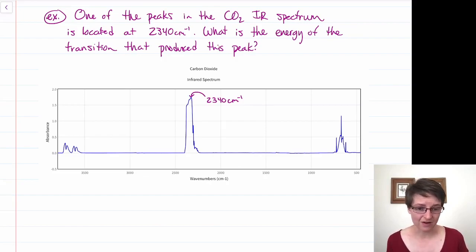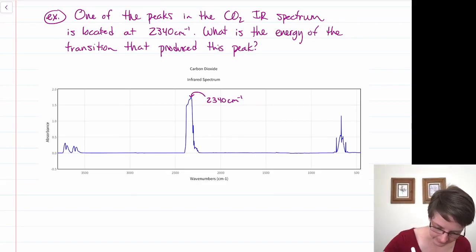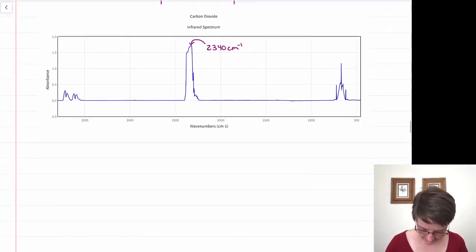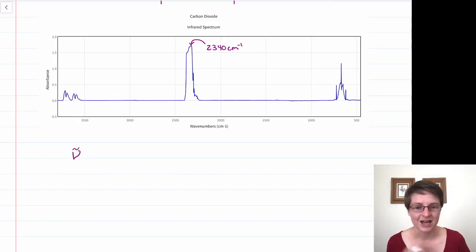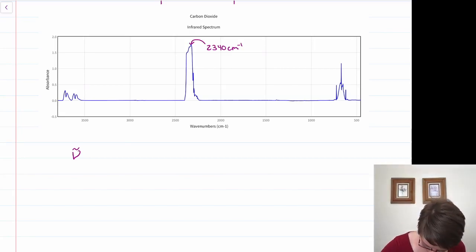And does that fall into the sort of 10 to the negative 20th joules that we would expect for a photon energy, given that we expect this to be a vibrational transition? So what we want to do in this case is we have our wave number, and wave numbers are typically reported as a nu for frequency with a little tilde over the top, so you know it's in wave numbers.